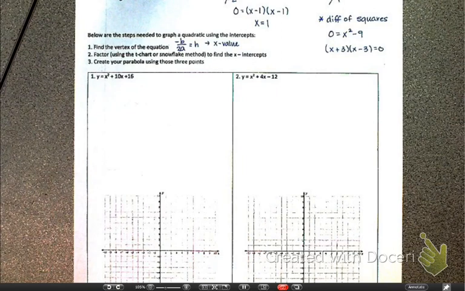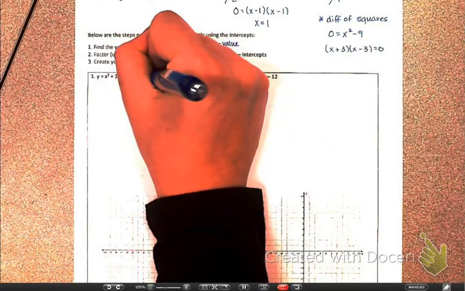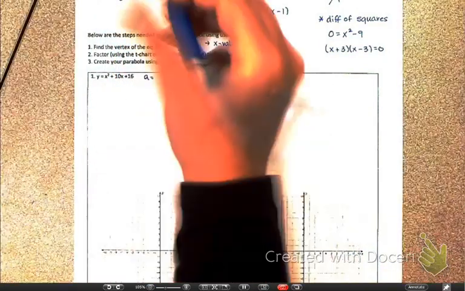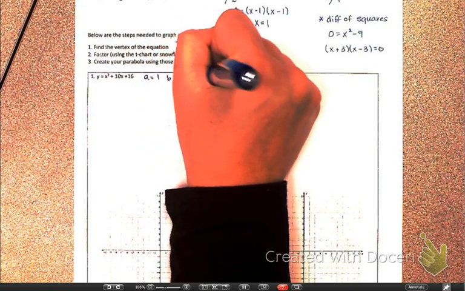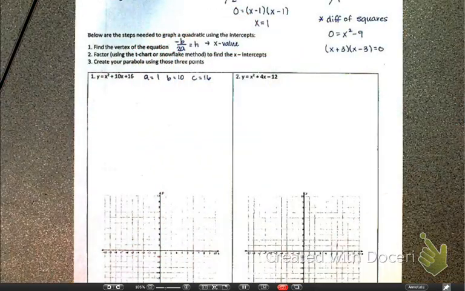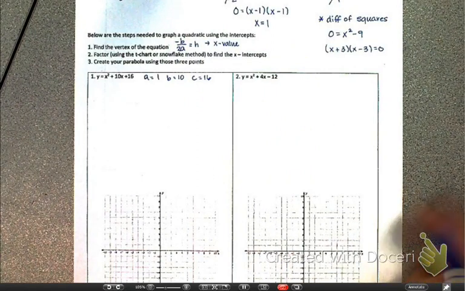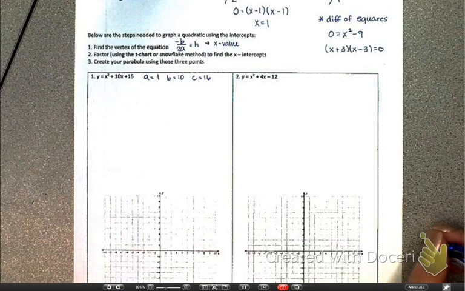Okay? So first thing we need to start with is finding the vertex. So let's identify our A, B, and C. What is A? 1. What is B? 10. And C. Okay, I don't really need C, but it's good to practice that because some of you are going to have to take the retake for Mod 11, which is on the quadratic formula.